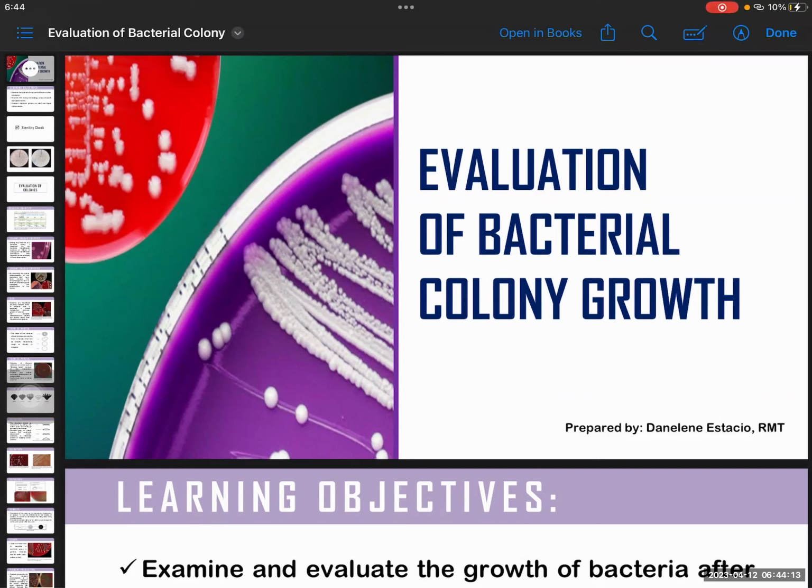And of course, their growth would also give us very valuable information as to the most likely identity of the organism. Now, there are some organisms that have very specific or characteristically unique growth, and that's very beneficial since it will give us a very definitive identity. But not all have that characteristic, as we will be learning later.